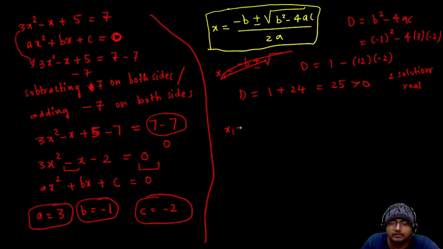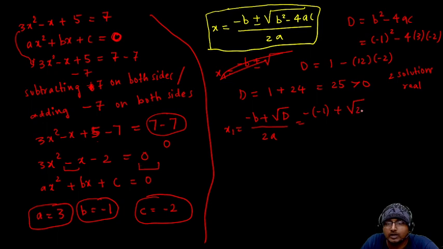So let x1 is equal to minus b plus under root D, because D is nothing but b square minus 4ac, divided by 2a. So what will we get? Minus b, what is b? Minus of minus 1, because b's value is minus 1. So minus b will come as minus of minus 1 plus root of D, the D value is 25, divided by 2 into a value, 3.